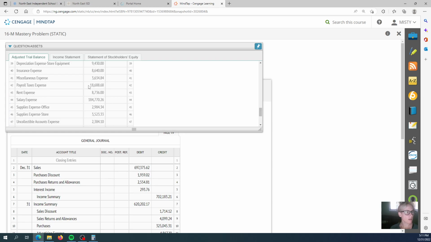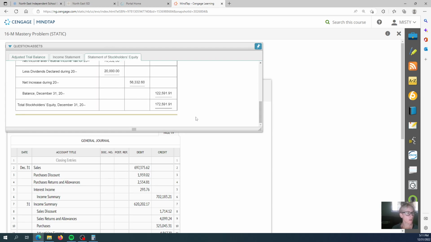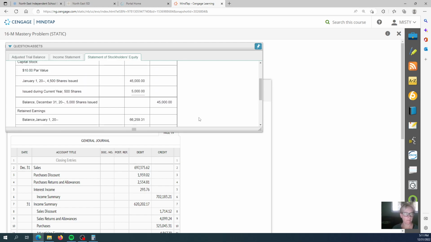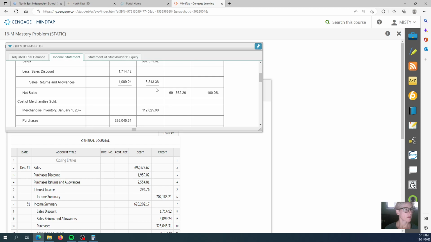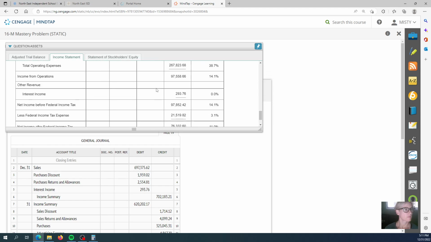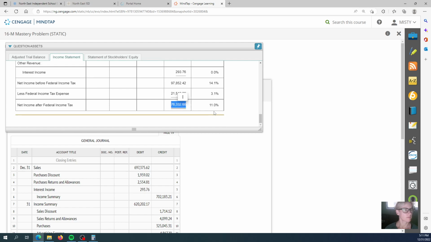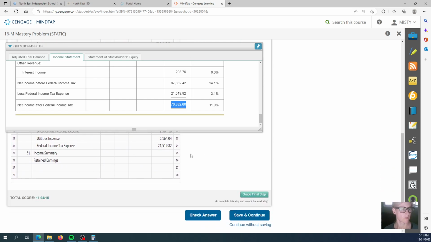Where would we find retained earnings? Well, we can find it here, right? We can also find it here. Okay. 76,332.6. So put that here. And we'll put that here.